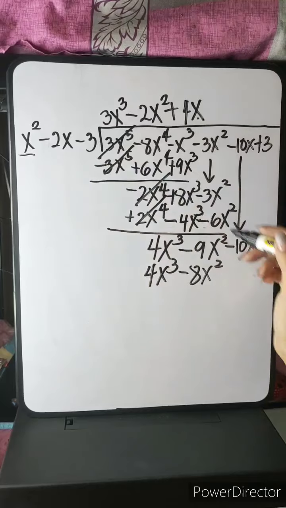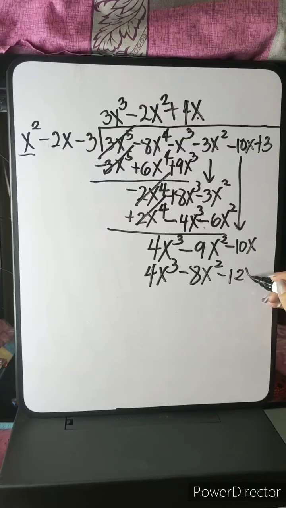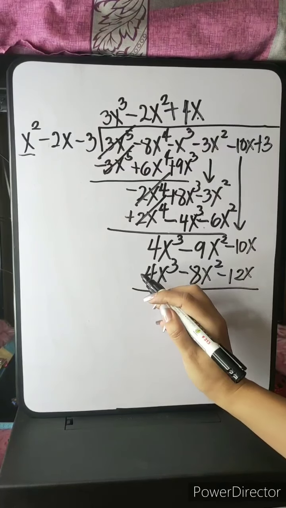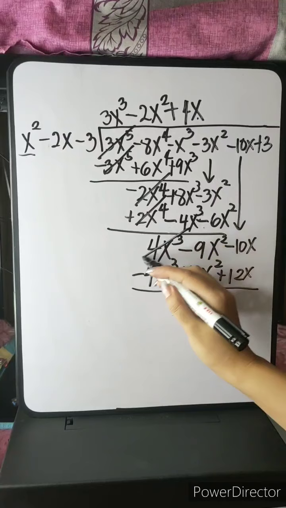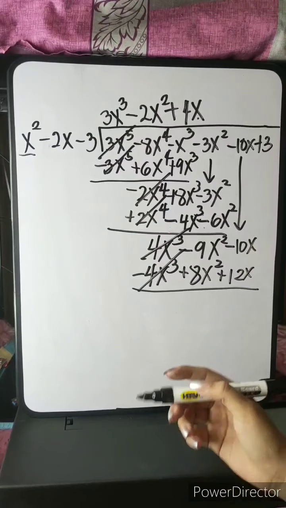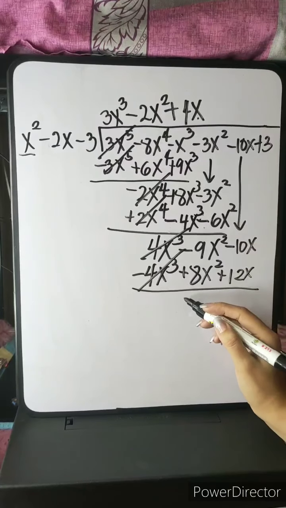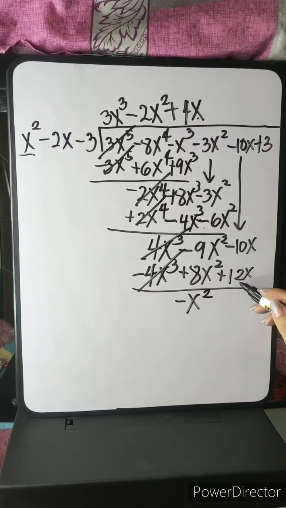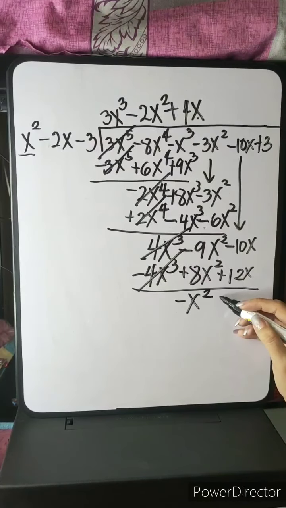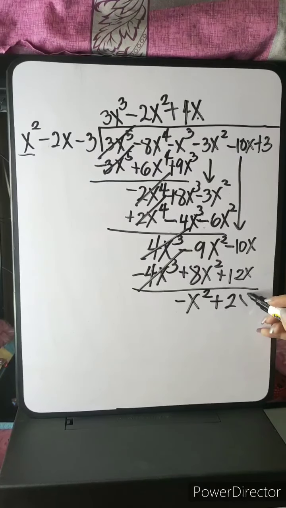Multiply natin sa pangatlo, negative 12x. Change the sign of the subtrahend kasi magsasubtract tayo. So, magiging negative daw, magiging positive daw, magiging positive. Magiging 0, unlike sign. So, let's subtract negative x squared. Naging unlike sign. So, positive 2x. And then, let's bring down positive 3.